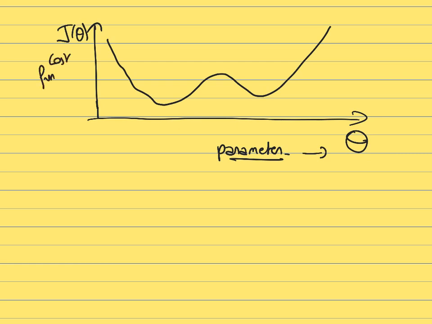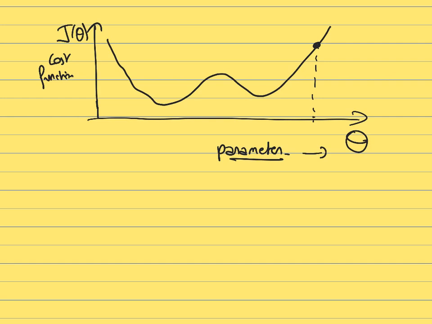So for this, you can just use, for example, the gradient descent, which means that you will start just like for linear regression. You will start with an initial random guess for theta, and then you will calculate the gradient of the cost function with respect to theta. You will look at in which direction you should change theta so as to minimize the cost function.